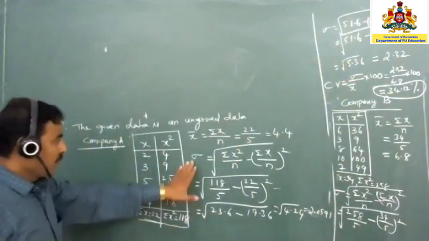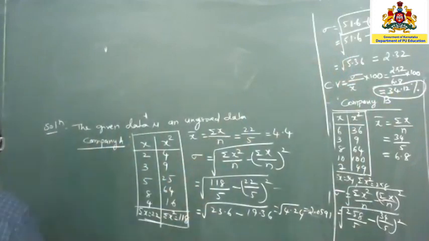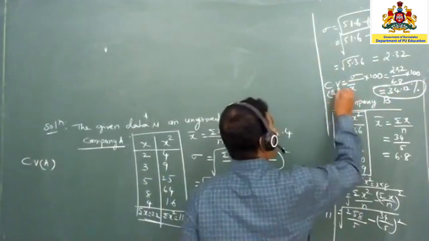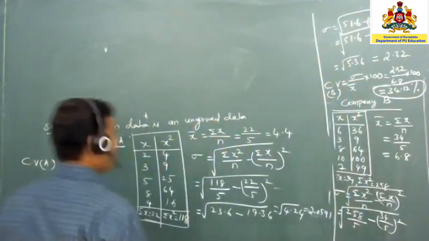Similarly, I just completed x bar and sigma, so I'll complete the coefficient of variation for company A. If you want, you can write CV of B here also.